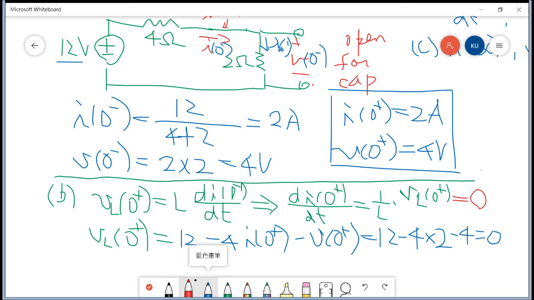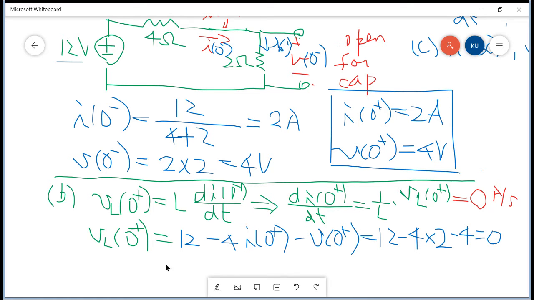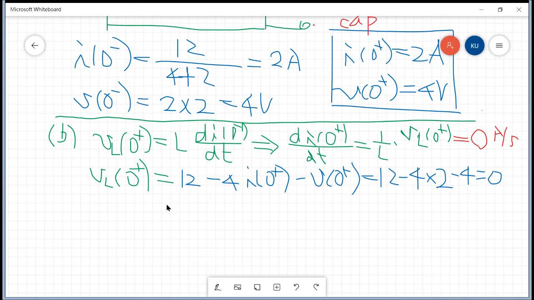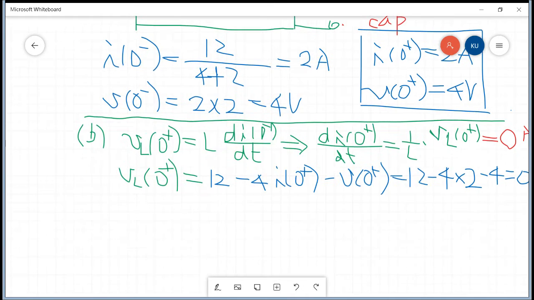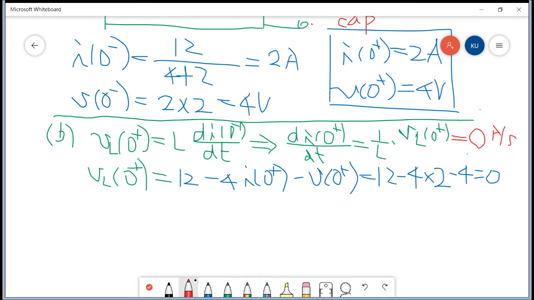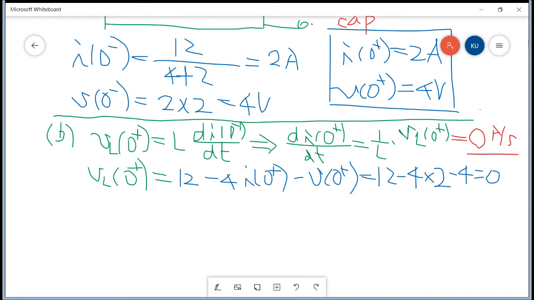If you really want to write the SI unit, it should be the current over the time, which is A over s. So this is one of the answers that we would like to find. And the other one is for the capacitor.